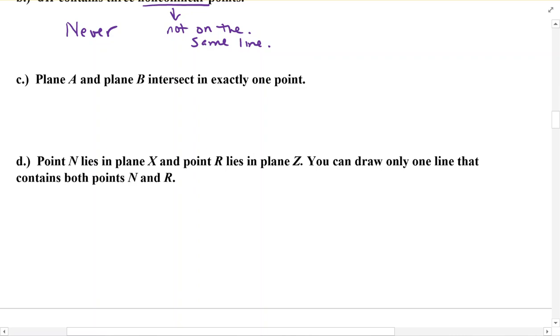Problem C says plane A and plane B intersect in exactly 1 point. Planes intersect in a line, so this is never true because planes intersect in a line.